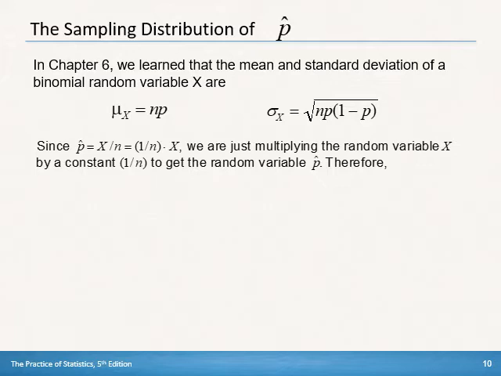Or if we want to think of it another way, instead of dividing by n, we could think about multiplying by 1 over n. And that might help us to evaluate the following formulas.